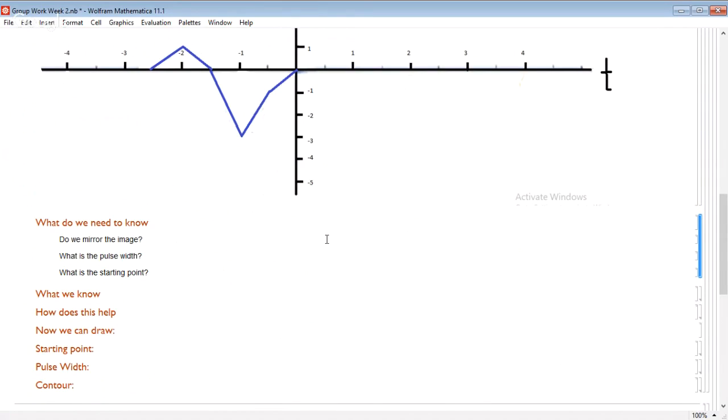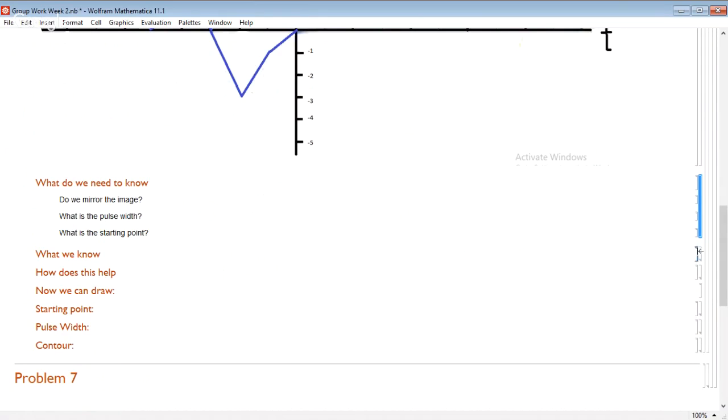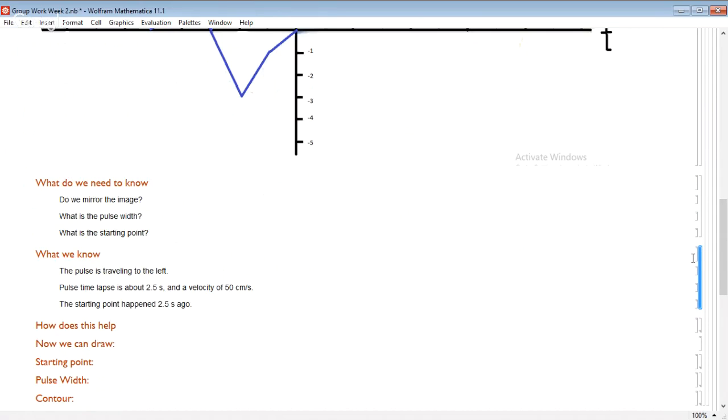Now, what do we need to know? We need to know if the image needs to be mirrored, what the pulse width is, and the starting point for this graph. So we're going to first assume that we're working off this diagram at time equals 0. In part 2, we'll talk about how we will shift it to time equals 0.03 seconds.